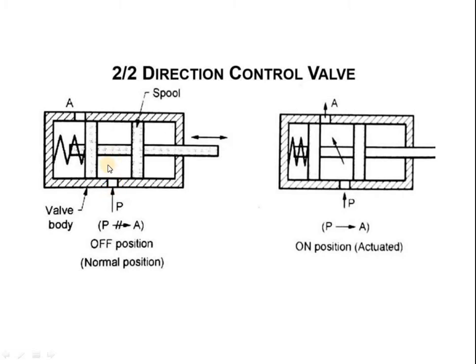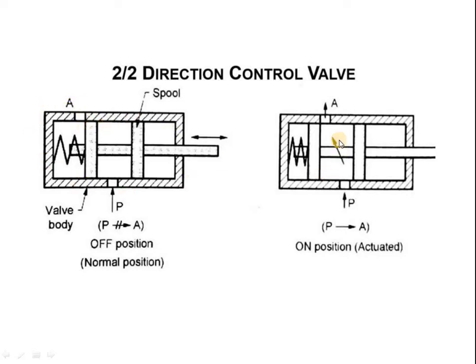Then that pressure acts on the spool, the spool changes position, and these spools cover and uncover the ports, so they control the direction of the fluid. As of now the pressure port P is open, and the working port A is covered, because the air is not allowed to flow from P to A. It is the covered position.